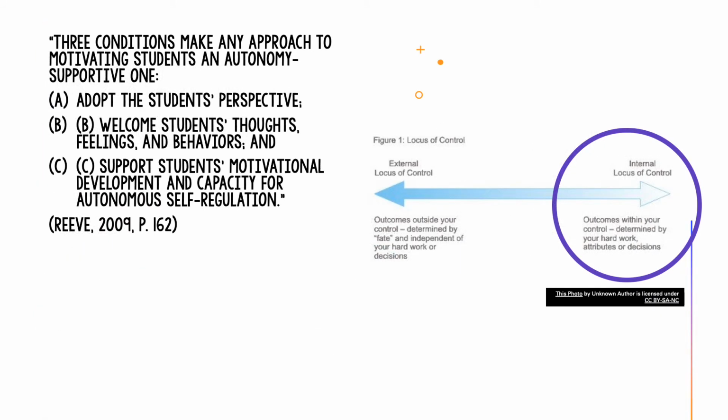Teachers can help students develop an internal locus of control by facilitating an autonomous classroom with an emphasis on students' internal goals. Three conditions make any approach to motivating students an autonomy supportive one. Adopt the student's perspective, welcome students' thoughts, feelings, and behaviors, and support students' motivational development and capacity for autonomous self-regulation.